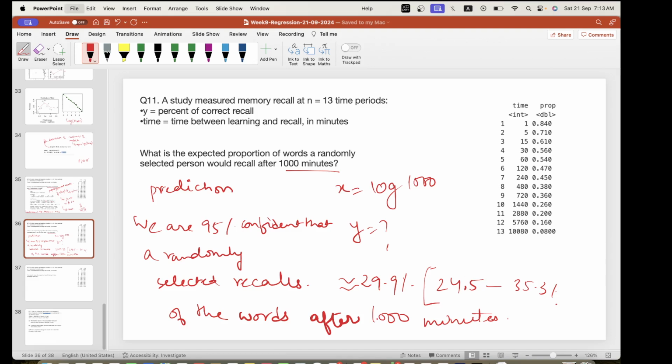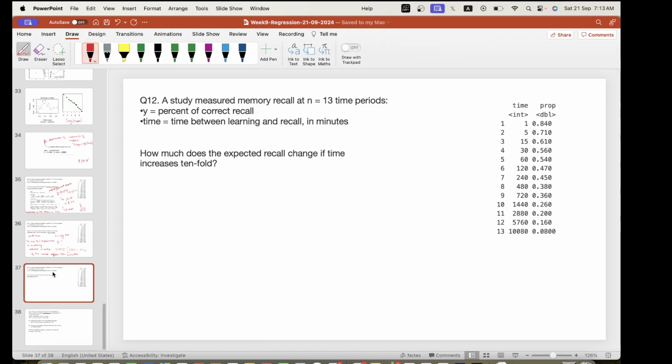Okay. Moving on to the next question. How much does the expected recall change if time increases tenfold? The model is y equal to beta naught plus beta 1 log time.